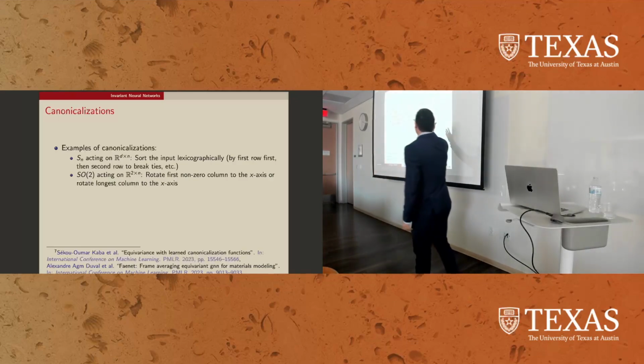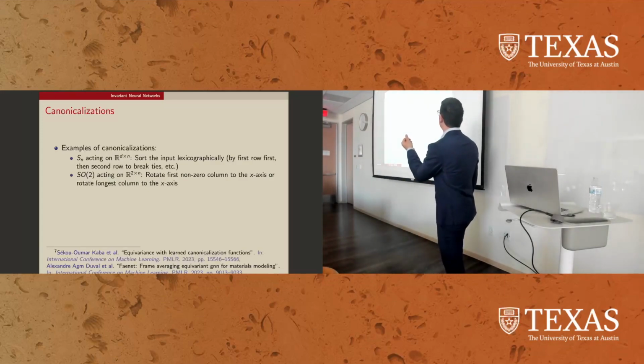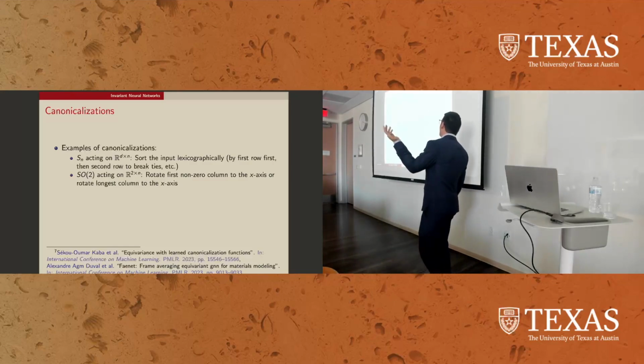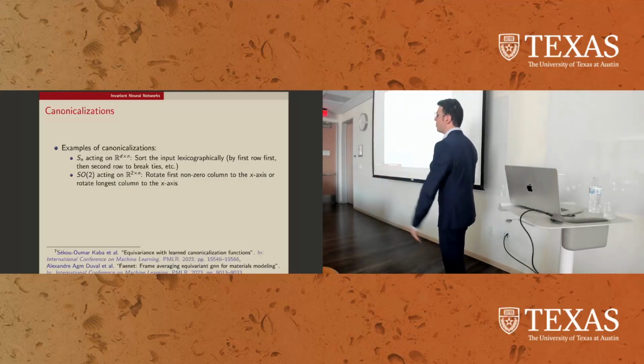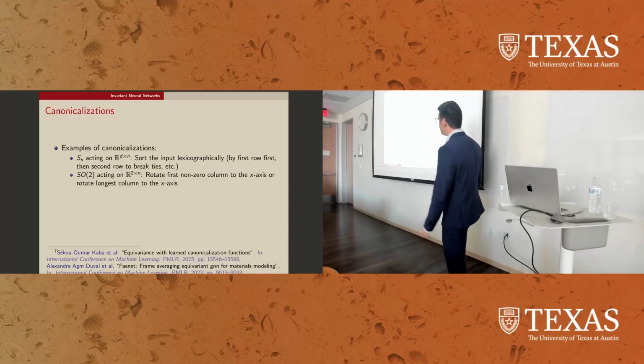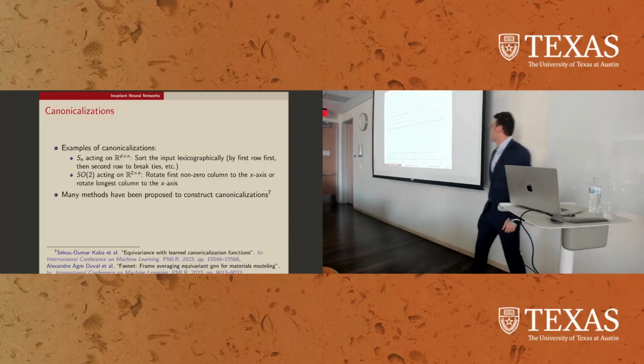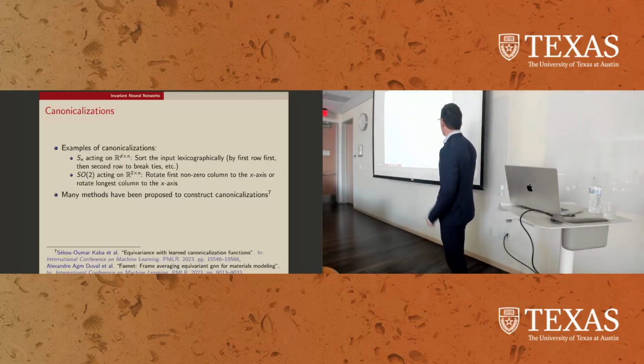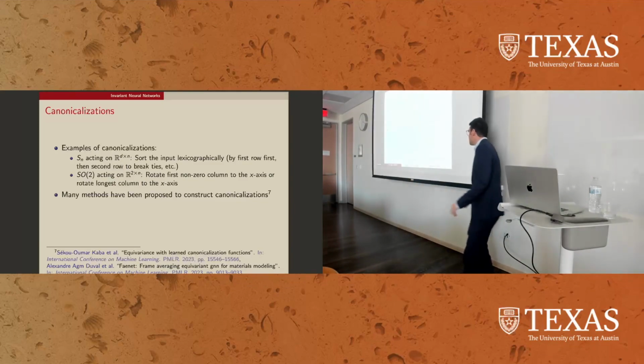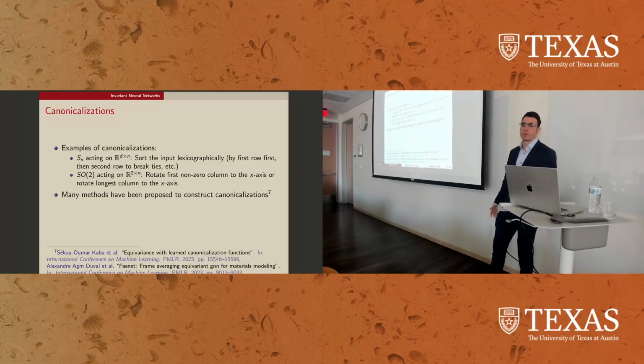Or for rotations acting on a bunch of vectors in 2D, we could rotate the first non-zero column to the x-axis, or you could rotate the longest column to the x-axis. These are examples of ways to canonicalize the input. In fact, a bunch of canonicalizations have been proposed, including methods for learning canonicalizations using a different neural network function.